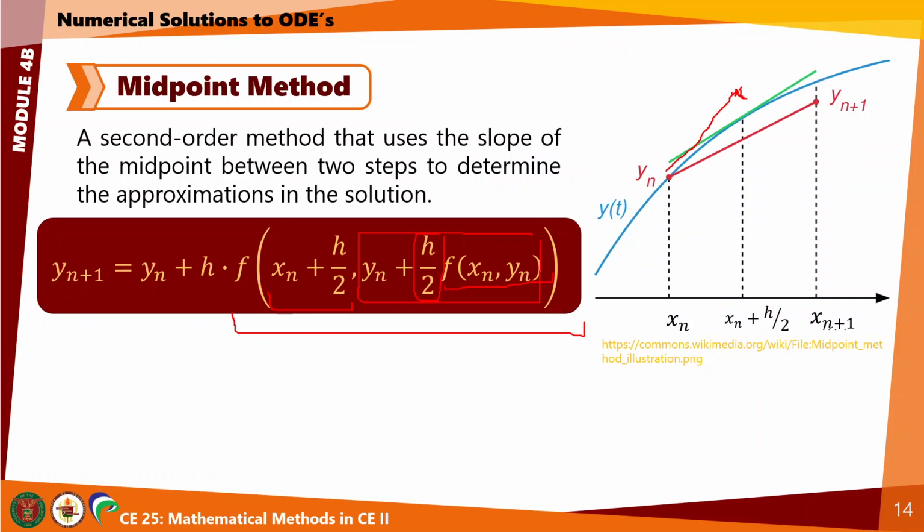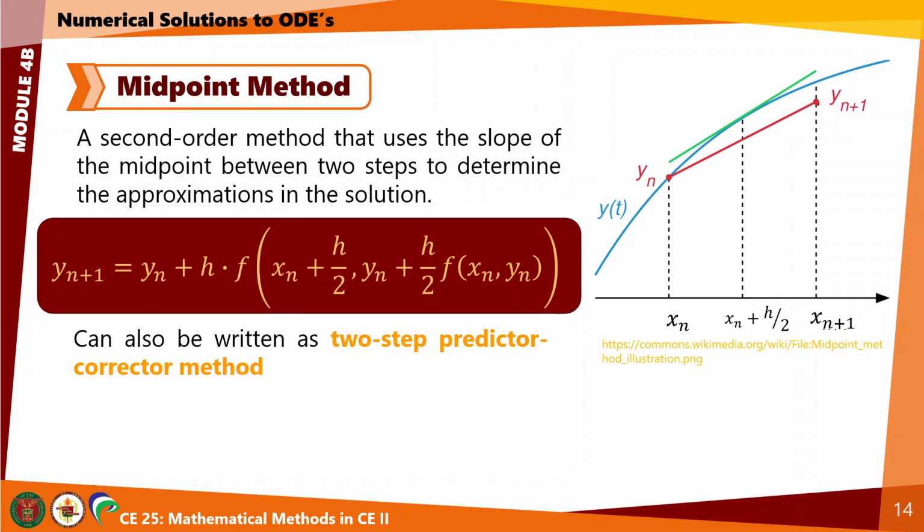So, may approximate dyan, slope, okay, and that would be used to get to the next point. Okay, multiply kay h, yung derivative or yung slope dyan to get to the next point. Medyo unclear lang. You can just actually read the derivation. Pero basically, we first get the point at the midpoint, okay, and then use that point to get to the next point. Okay, how do we do that?